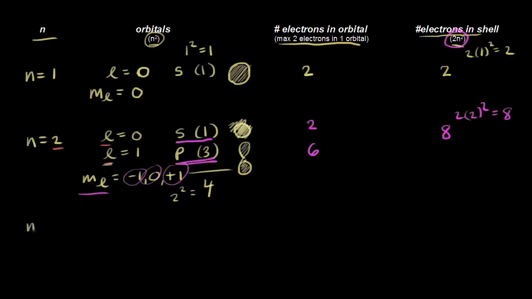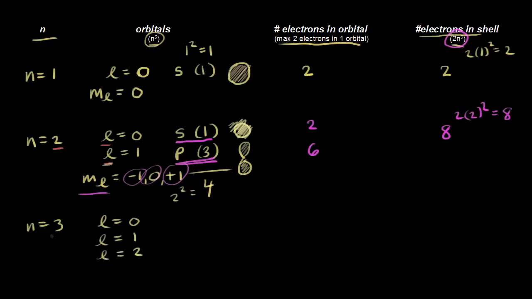So when n is equal to 3, what are the allowed values for the angular momentum quantum number L? So remember, L goes from 0 all the way up to n minus 1. So L is equal to 0, L is equal to 1, and L is equal to 2, because 3 minus 1 is equal to 2.